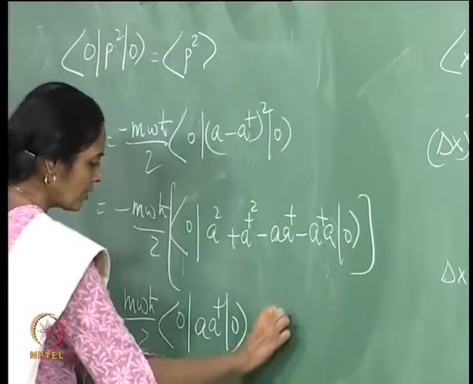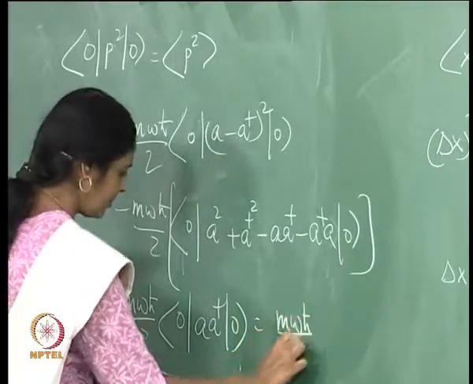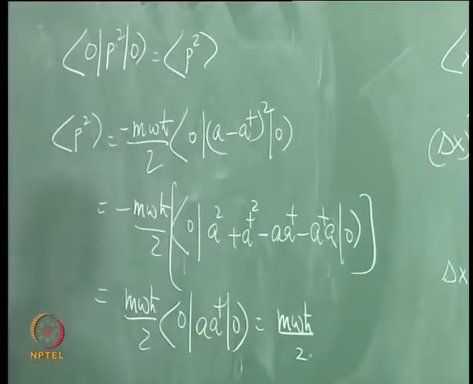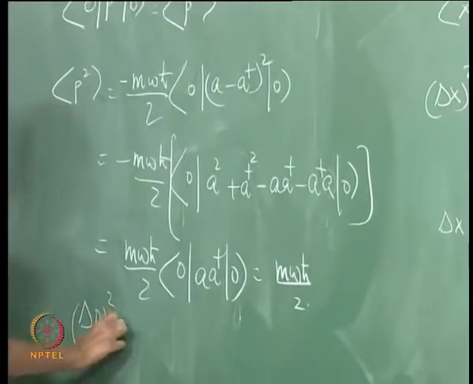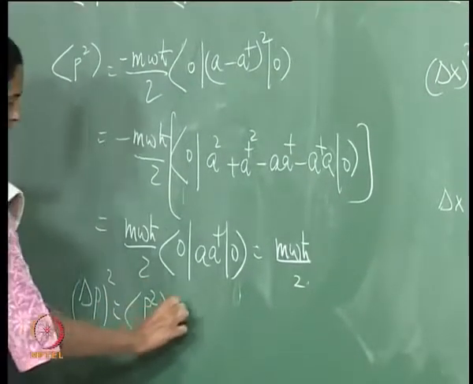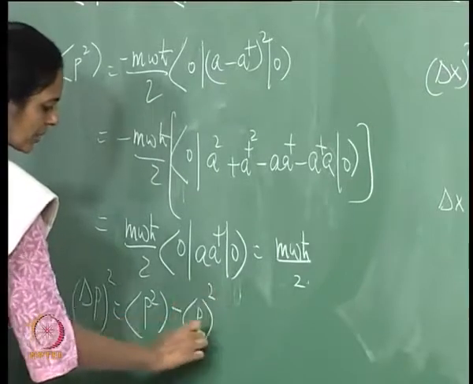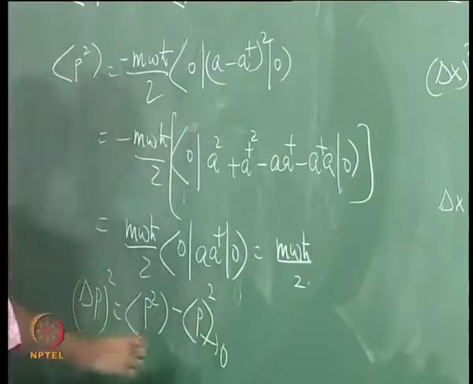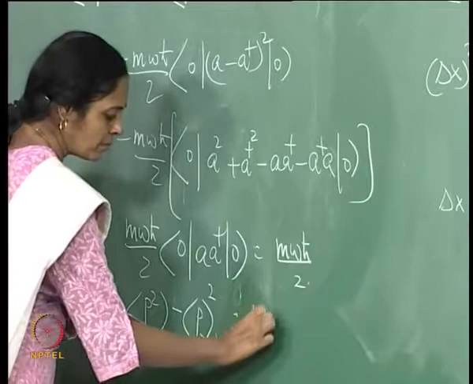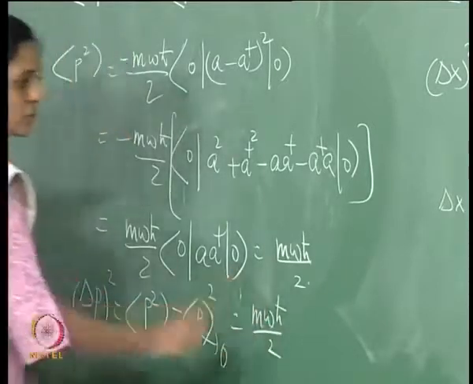Therefore, we have this. Therefore, delta p squared is the expectation of p squared minus the expectation of p the whole squared. This object was 0 and delta p squared was equal to m omega h cross by 2.